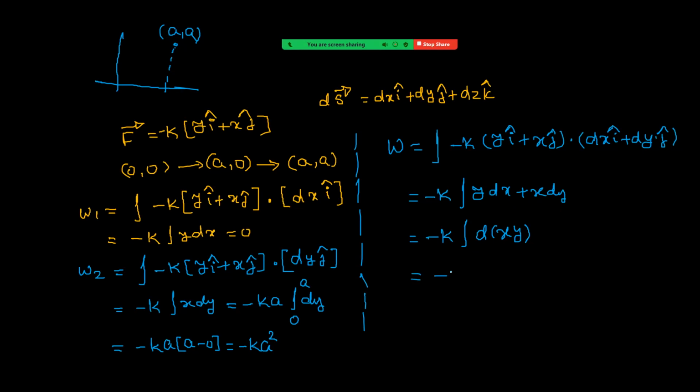So this becomes minus k into xy, with limits 0 comma 0 to a comma a. Then we get minus k a square. If you know this mathematics, you can use it directly. Otherwise, you have to solve as in the first method. Now move on to the next problem.